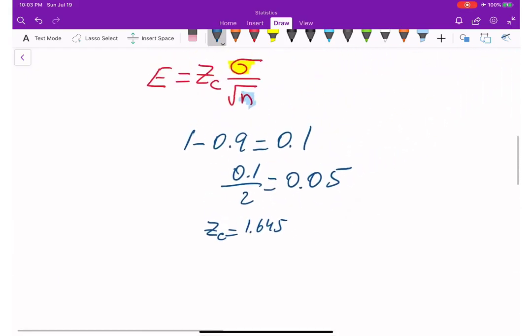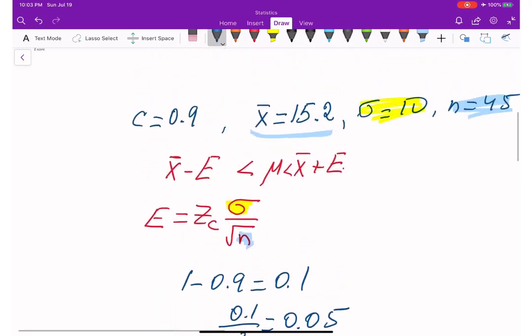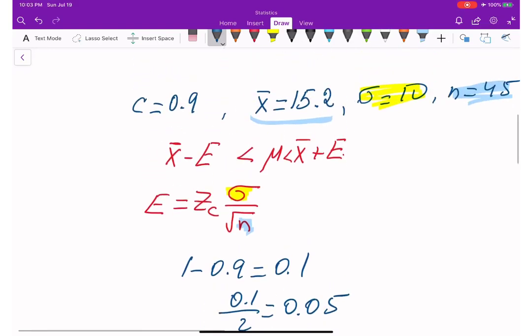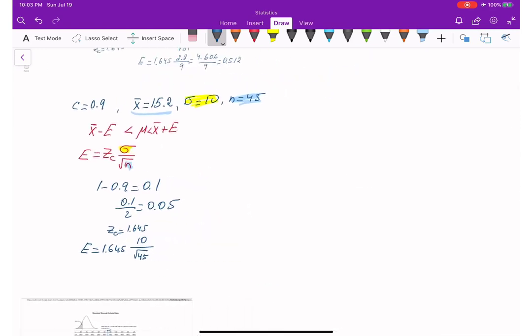So margin of error from here is equal positive 1.645 times sigma, which is 10, over square root of 45, because we have 45 here.